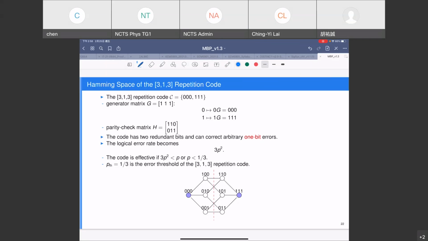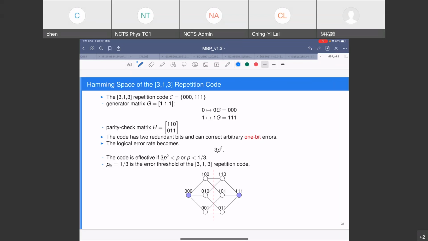So what is the error right now after this decoding? We will have a logical error if there are 2-bit flips or 3-bit flips, right? If there are 2-bit flips, the 000 will become 110, and you will say this is 1. So you made a logical error.